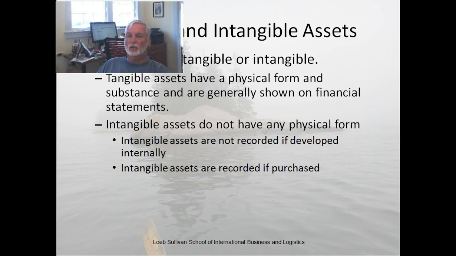The reason that this dichotomy exists between intangible assets is, well, I could hire a couple of scientists to go work in a lab for a couple of years to develop something, and maybe they'll develop something that's patentable that has value, or maybe they won't. Maybe they'll work for 2 years and come up with nothing.